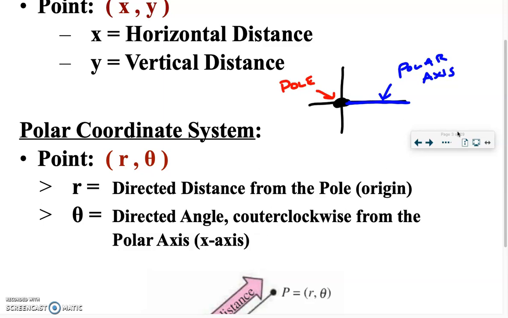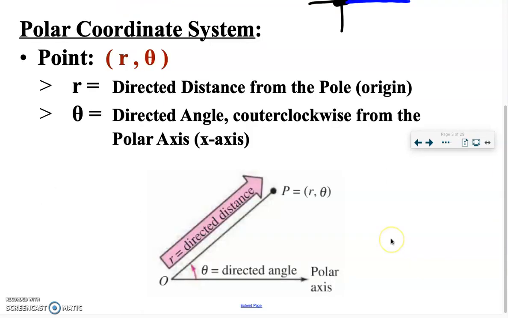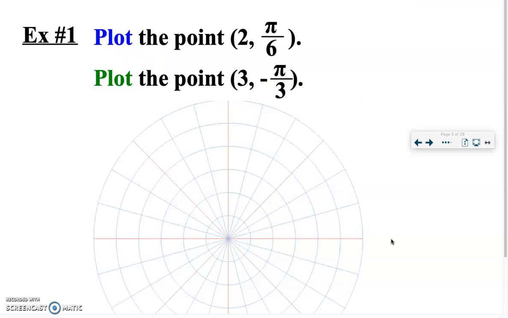If we have the directed angle theta and the directed distance r, we can put that together and say, yep, this particular point is at (r, theta), or we went out 5 and then we rotated 53.3 degrees or something like that. Okay? Questions so far? All right, let's go ahead and try a couple of these.